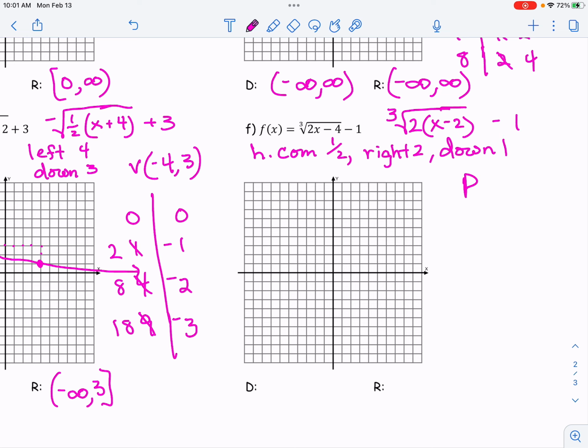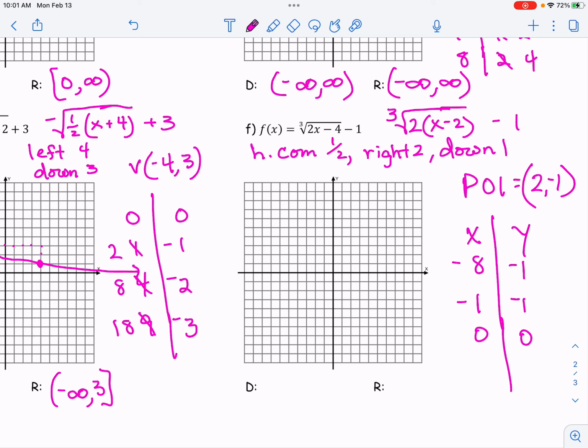My POI is 2, -1. My table is going to be -8, -2, -1, -1, 0, 0, 1, 1, 8, 2.